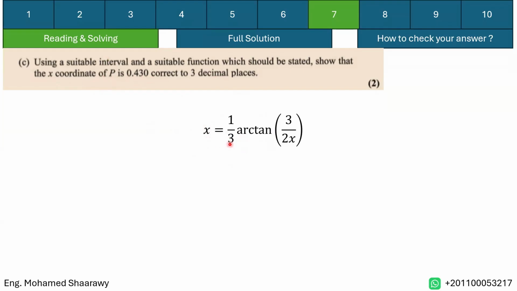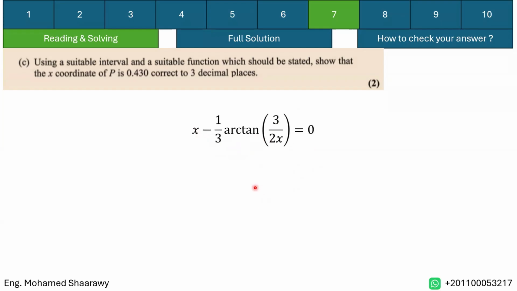But actually solving this equation is very, very hard. So I can use a numerical method. It's an easy numerical trick. If I subtracted both sides and say that it's equal to 0, for example, if I subtracted both sides by 1 over 3 arctan 3 over 2x, the equation would be something like this.